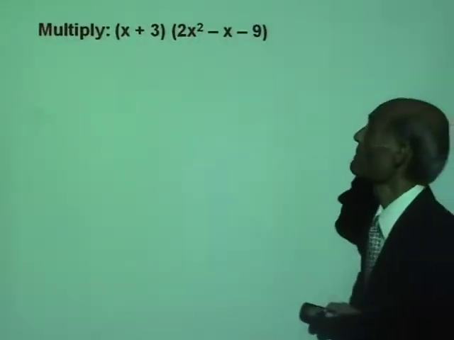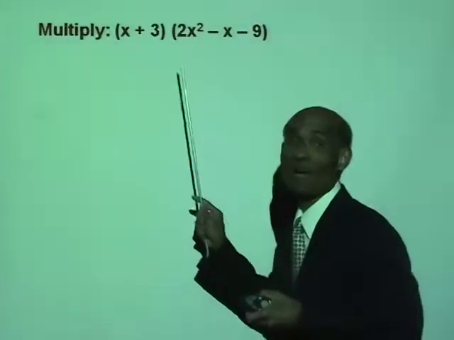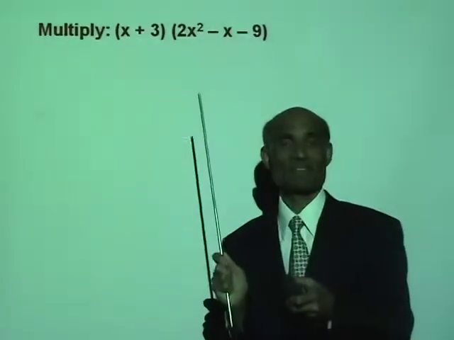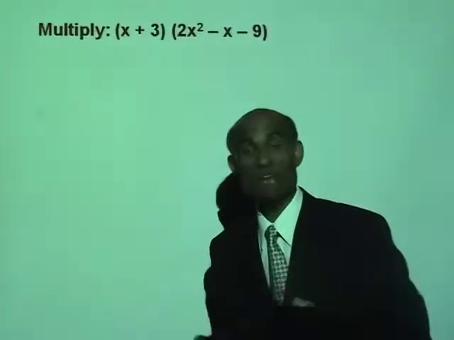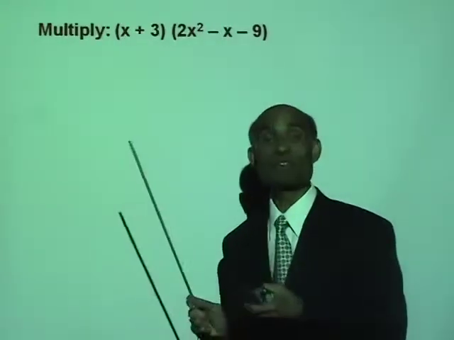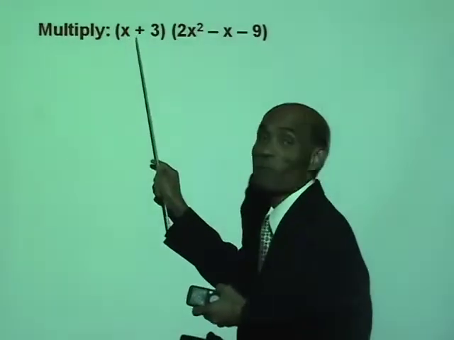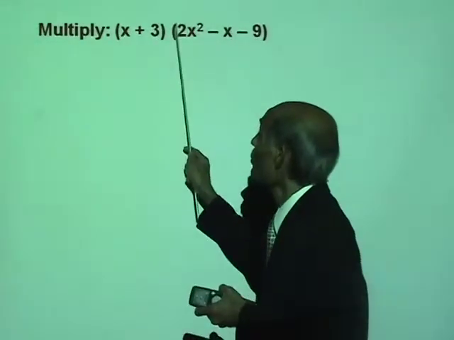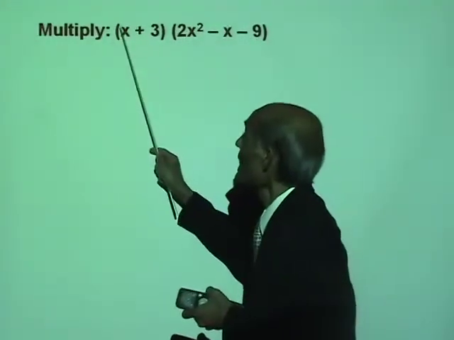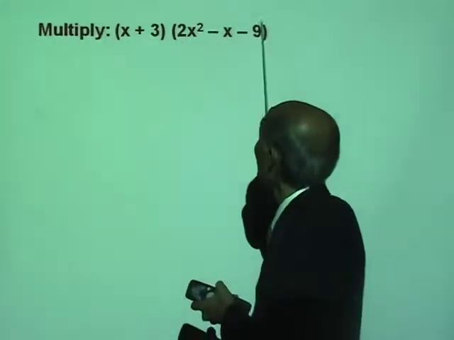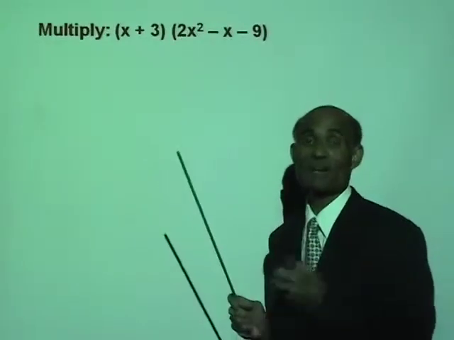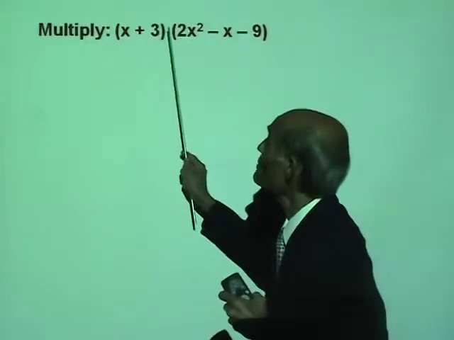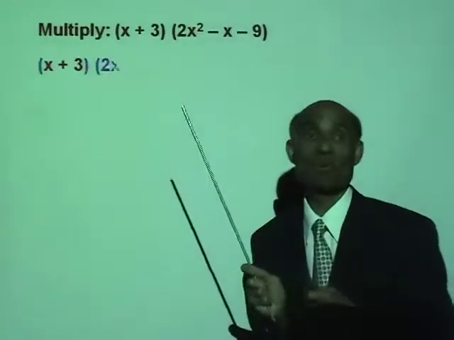Another one. This time we are multiplying a binomial with a trinomial. Well, does the method change? No, the method does not change. Now we multiply each term of the binomial with the trinomial. So x is multiplied by the quantity 2x squared minus x minus 9, and then plus 3 is multiplied by the same quantity.